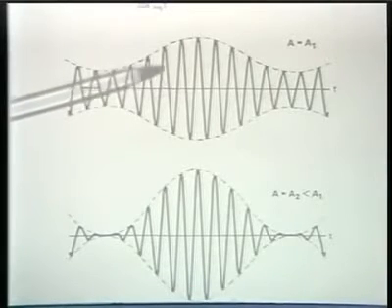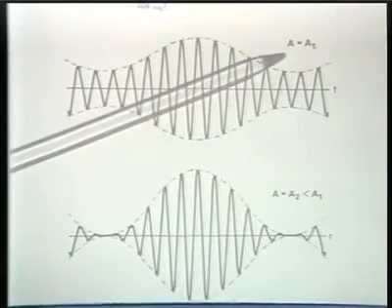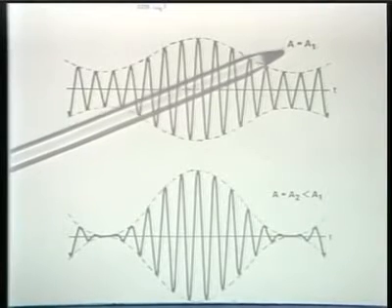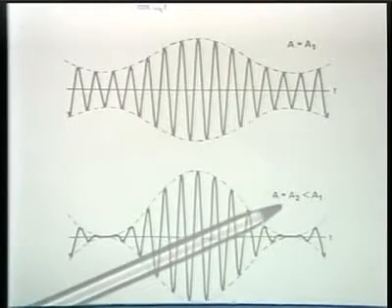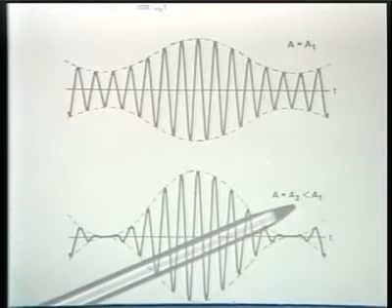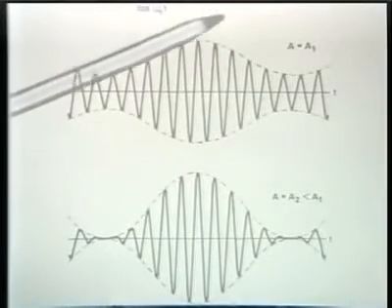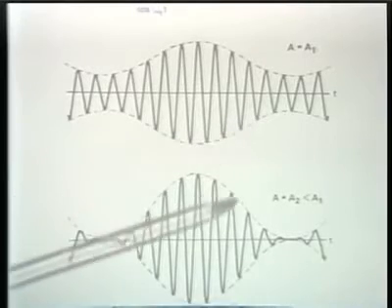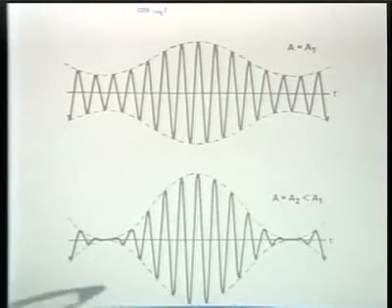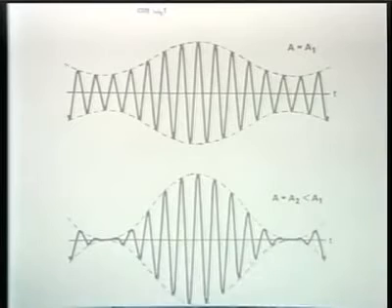This is for one value of the amount of carrier that's injected, and this is for an amount of carrier injected that's less, and this in fact corresponds to what we refer to as 50% modulation, and this is the case of 100% modulation.